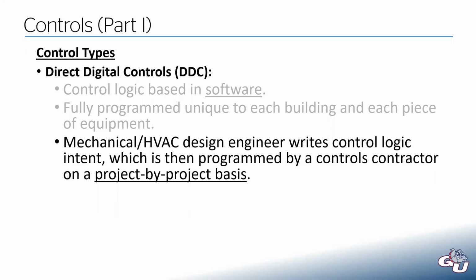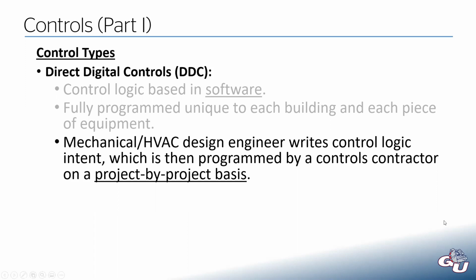Very different from the packaged controls option, where every single person who buys that piece of equipment with that controls option, they all get the same pre-built sequence. With the DDC system, every single project is uniquely programmed.